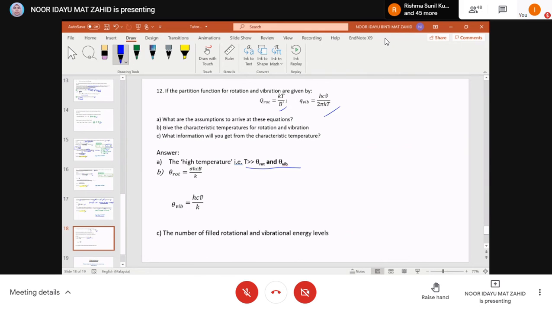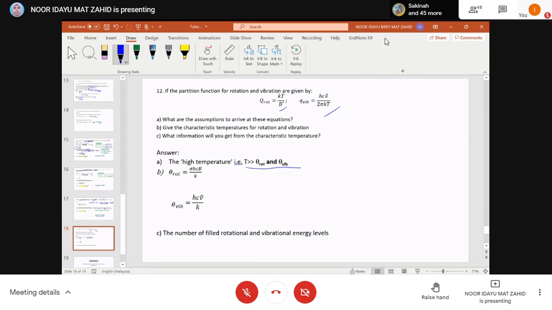So in other words, it means that for each system, nitrogen gas, hydrogen gas, carbon dioxide, it will only have rotational and vibrational modes of motion if it has exceeded a certain temperature value. Okay, or else it will just have translational mode of motion.